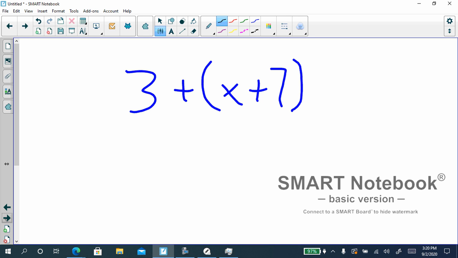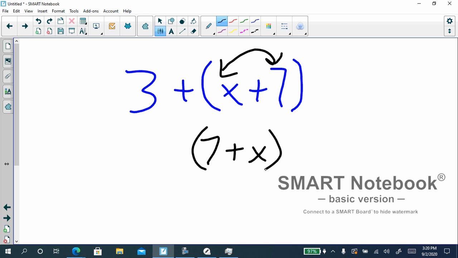Here we actually have to use 2. If we just move the parentheses over here, then we would have x with a number still. So let's change the order of these. So we've used the commutative property, and now we can use the associative property.